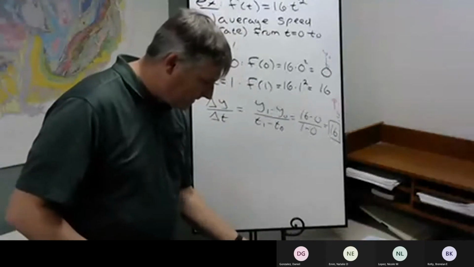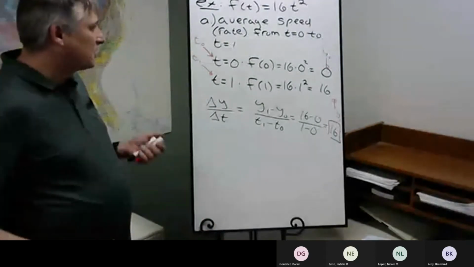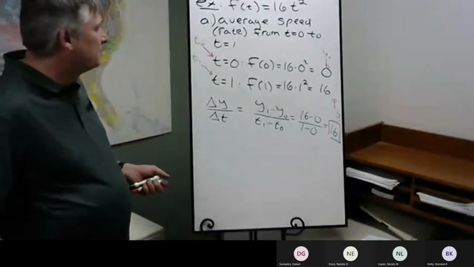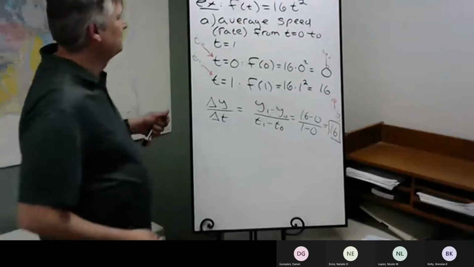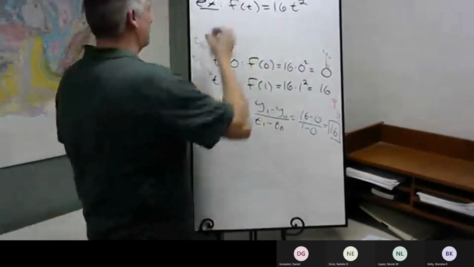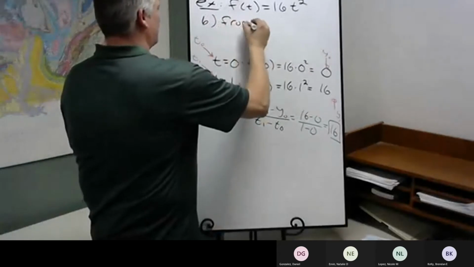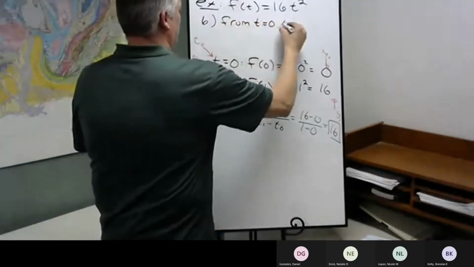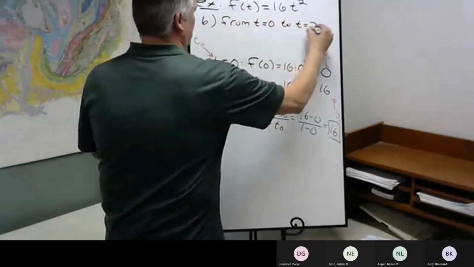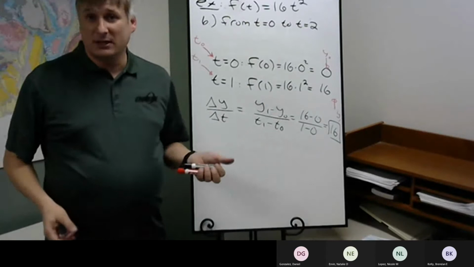So if you choose two different points, though, you're going to get two different results. So let's change this up. Same question. Let's go from t equals 0 to t equals 2.